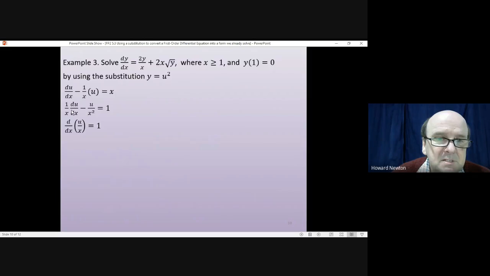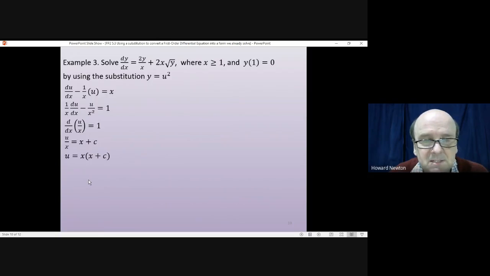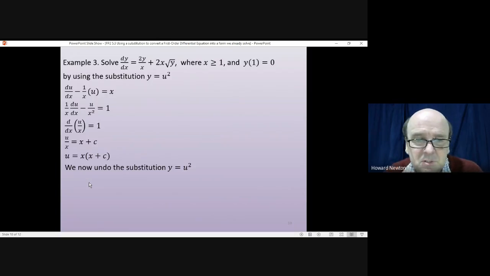So combining these two terms into one single differential. Then we integrate both sides with respect to x. Integrating the left-hand side gives us u over x. Integrating the right-hand side gives us x plus c, which means u is equal to x times by x plus c. Now we need to undo the substitution.